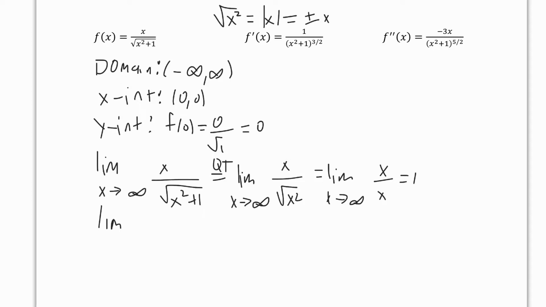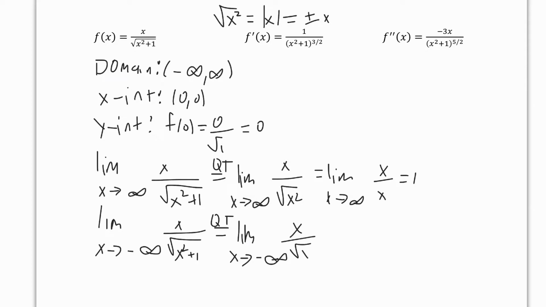And now we see why for all these questions we always have to do both the positive and negative infinity. As we go to do the quotient theorem, as x approaches negative infinity, we're going to see that we get the limit as x approaches negative infinity of x over the square root of x squared.